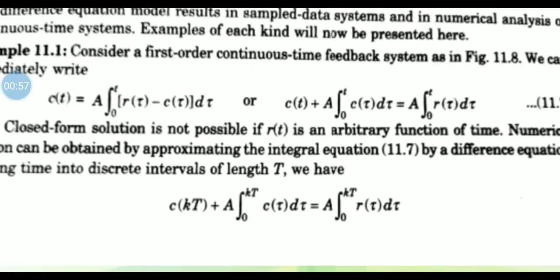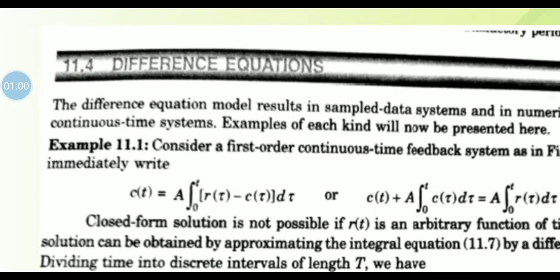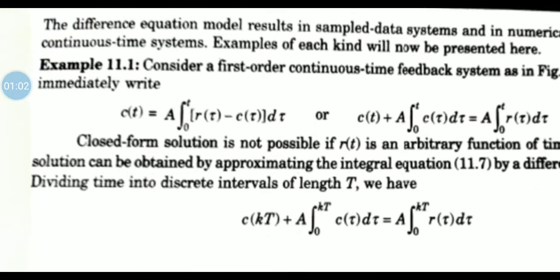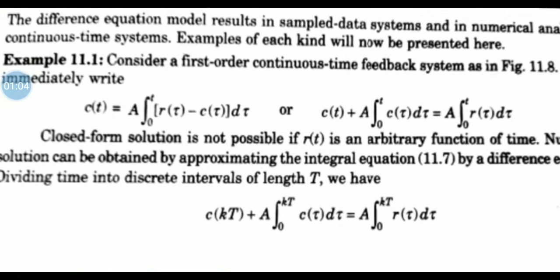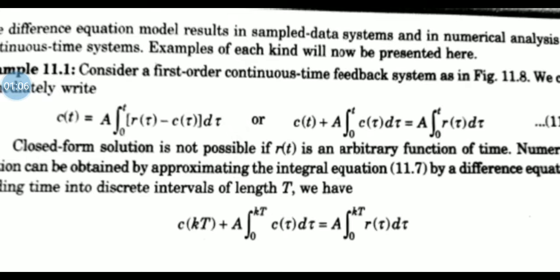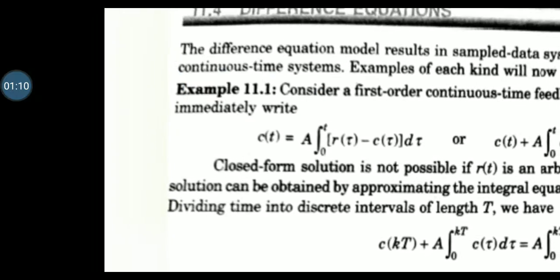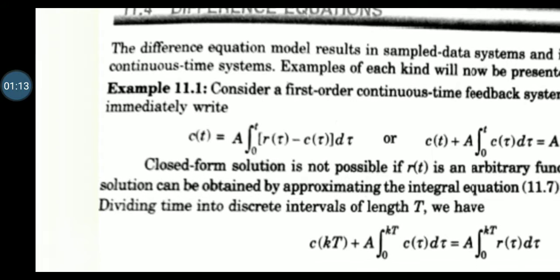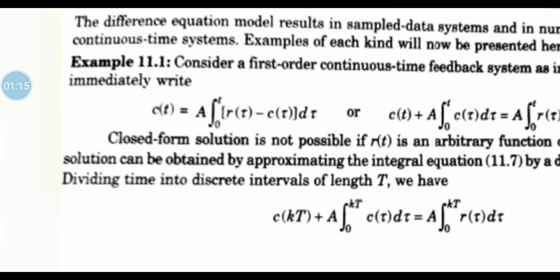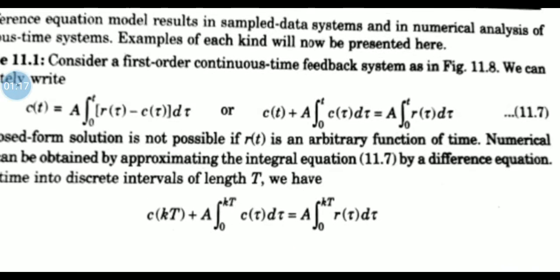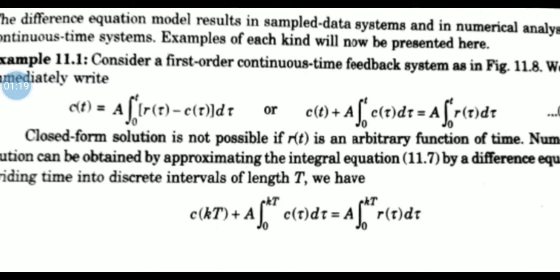This is taken as equation 11.7. The closed form solution is not possible if r of t is an arbitrary function of time. A numerical solution can be obtained by approximating the integral equation 11.7 by a difference equation.